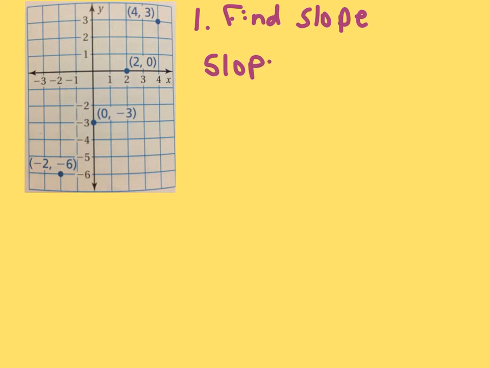Slope is the same as rise over run. So in order to find this, we need to pick 2 points. It doesn't matter what 2 points because you're on a line. I wouldn't skip points. I would go from this point to that point, or from that point to that point. That way you don't have to do any reducing.